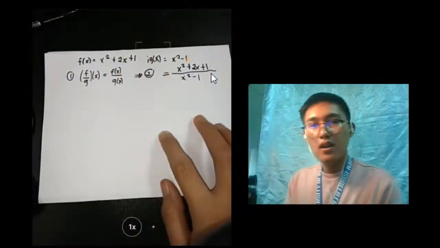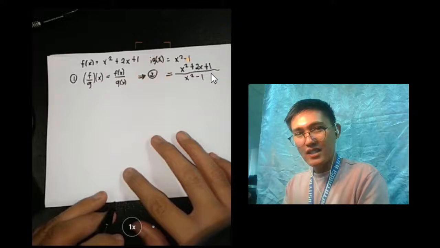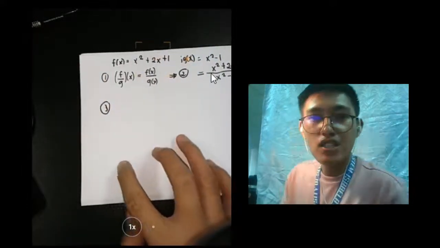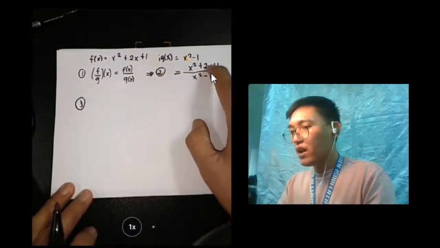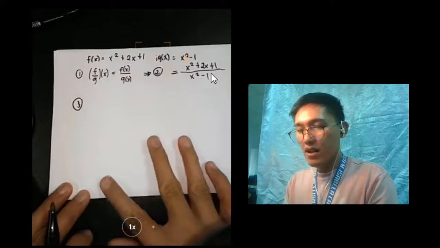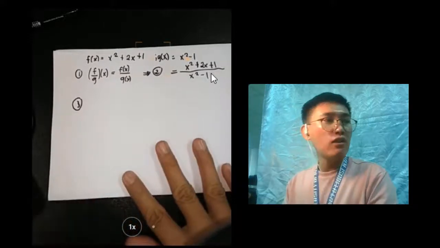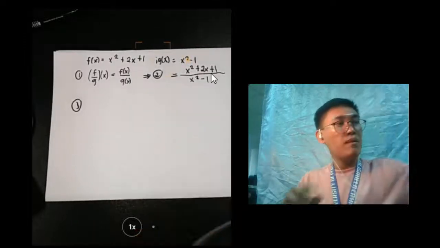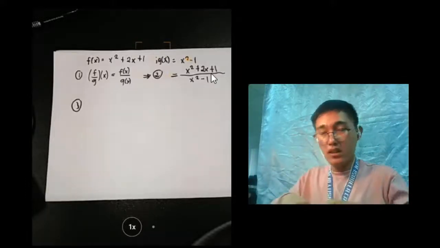Right. Now, next, step number 3 is to do factoring here in the numerator and in the denominator. So I'll be teaching you how to do factoring in the numerator and also in the denominator. I'll have here a different sheet to teach you the factoring of the numerator and the denominator together.